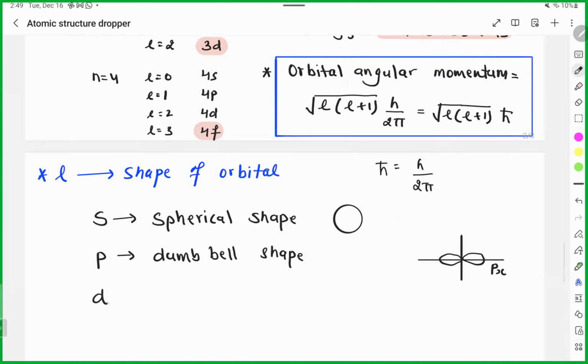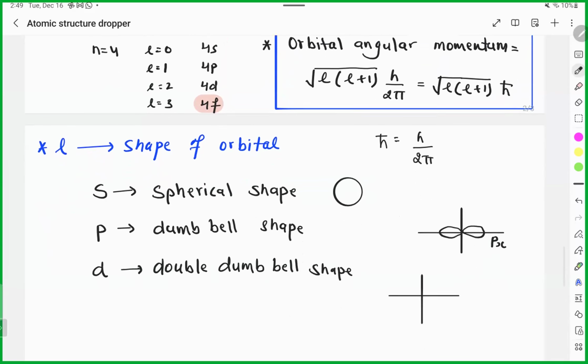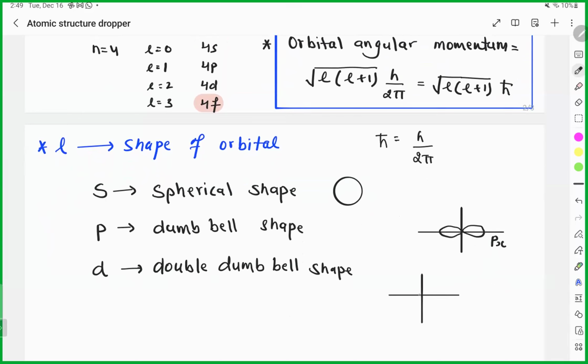If you have a d orbital, then it will be double dumbbell shape. What does it mean? Two dumbbells together, and if you are dealing with coordination compounds or the D and F block, especially D and F block, then you draw like this.